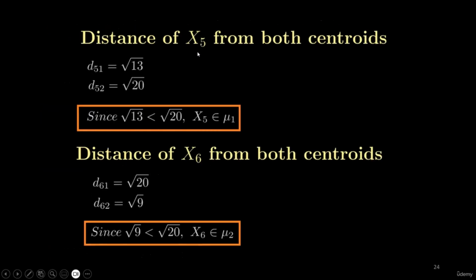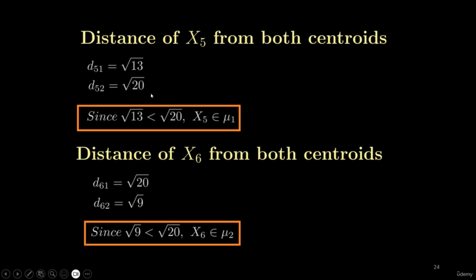Here about x5 and x6. So x5 belongs to mu1 and x6 belongs to mu2 because the distance of x6 with the second centroid is less as compared to the first centroid. Now all the distances have been calculated and centroids have been assigned to the data samples.